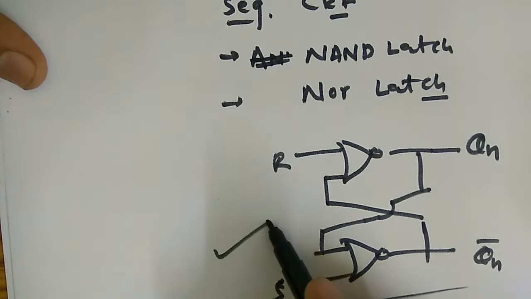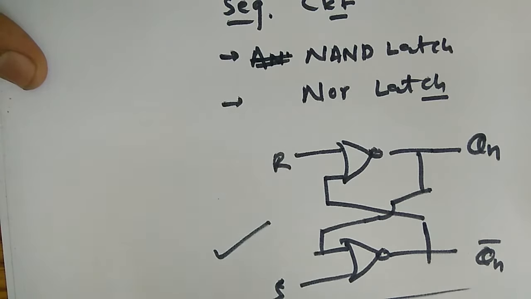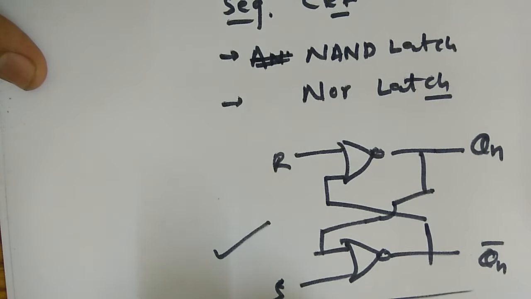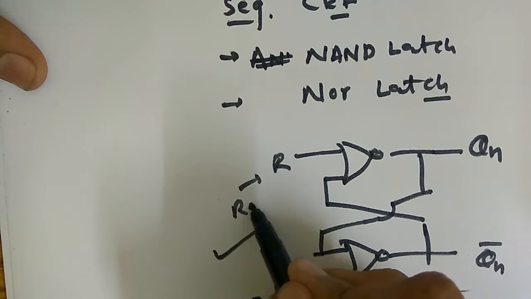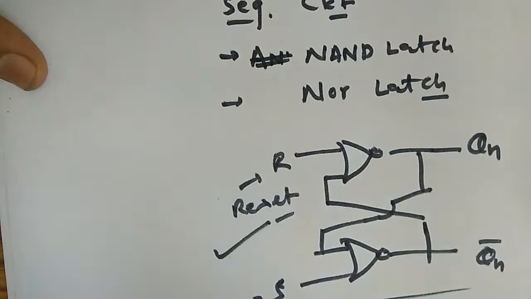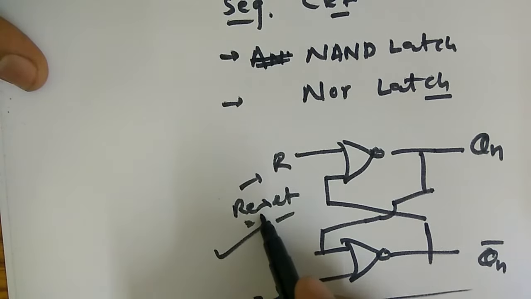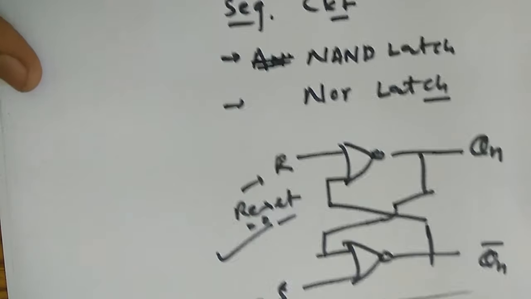It helps to store 1 bit of data, and I will explain how one by one. This S is for set, and this R is for reset. As we can predict by name, set means 1 and reset means 0.